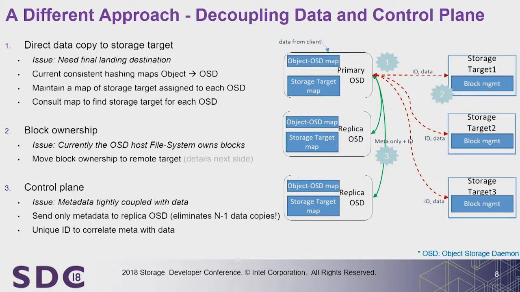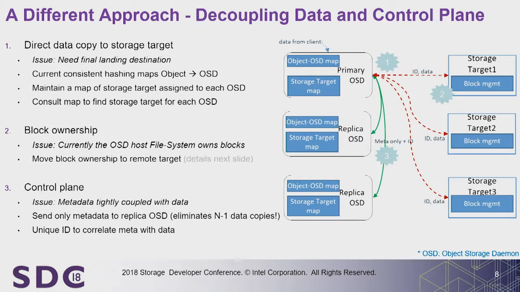So we are proposing: can we decouple this, have the OSD peers just exchange the metadata or control traffic, and with just that, still achieve the guarantees that Ceph offers? If we can do that, we eliminate n-1 data copies, where n is your replication factor.